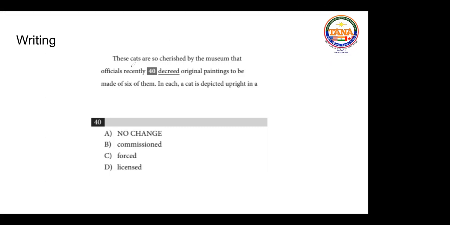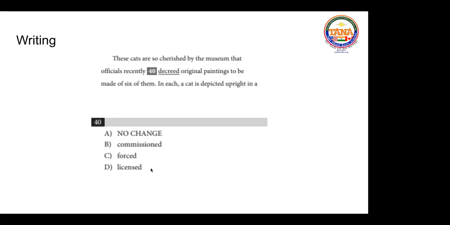So these cats are so cherished by the museum that the officials recently decreed original paintings to be made of 6 of them. What I can tell from this is that we're looking for a word that indicates that the officials gave permission for a cat painting to be made.